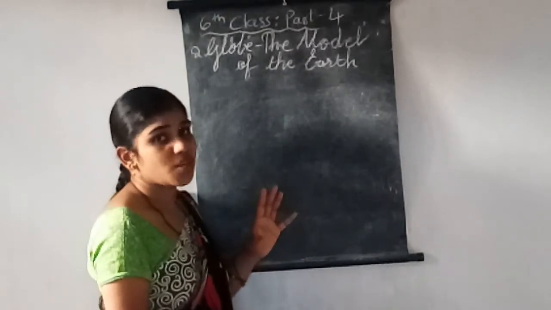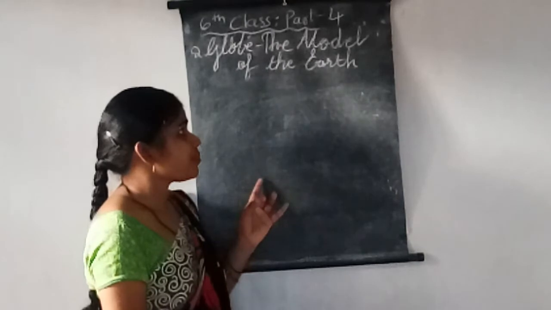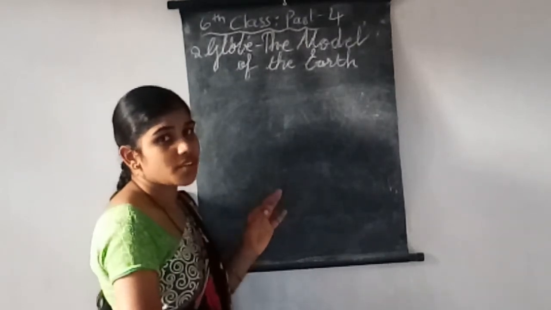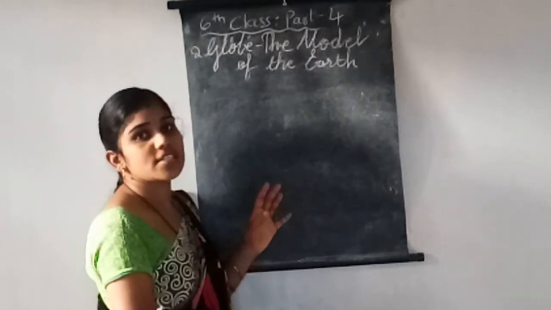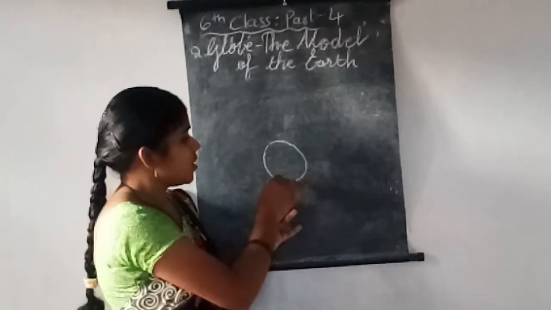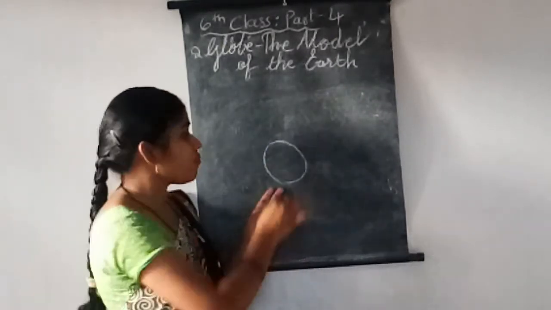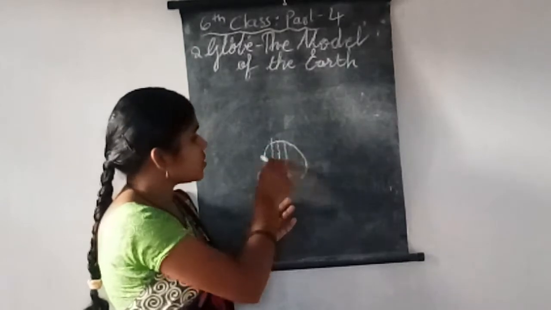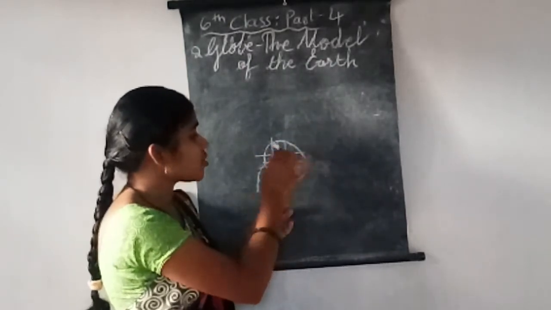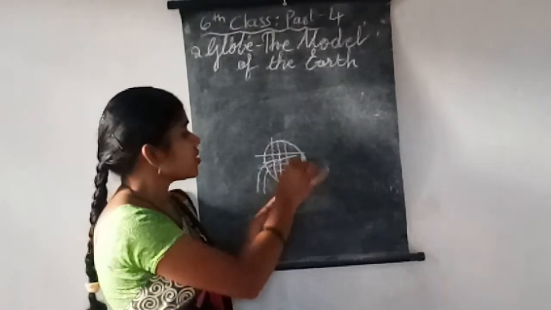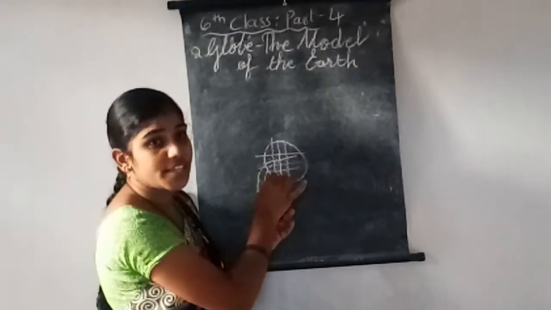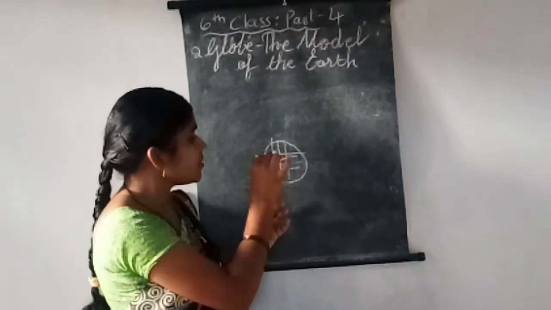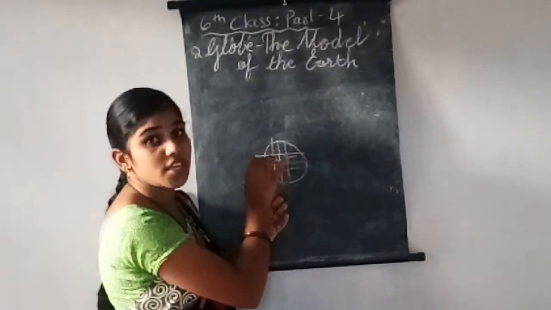The main points are the shape of the earth, the size of the earth, the shape of the globe, the content, that means the things which are seen on the globe, why the globe is used, why the inventors decided the shape of the globe to be round, and why the people are not falling from the earth into the universe, and the imaginary lines drawn on the globe, latitudes and longitudes, what their special features are, and observing the complete world, we have to identify the more watered bodies and which hemisphere has water and which has land, and on which continents the equator is passing.